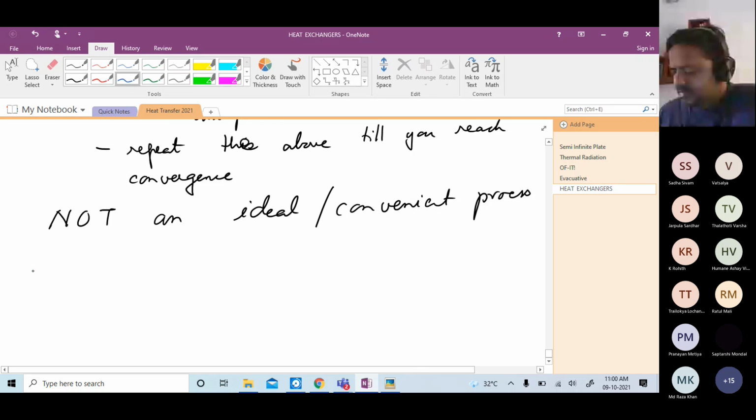It is also a non-dimensional form of capturing the performance of a heat exchanger. Okay. The first thing is effectiveness, or epsilon. Okay. How do we define it?